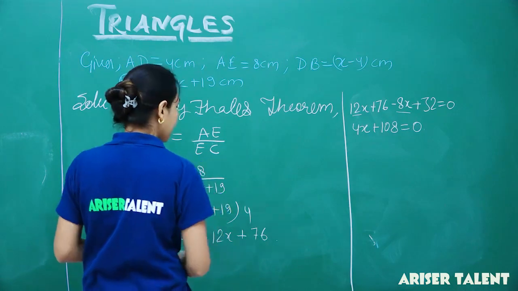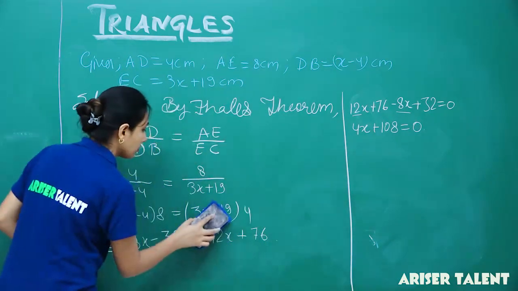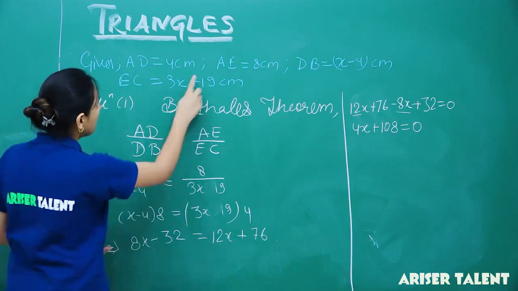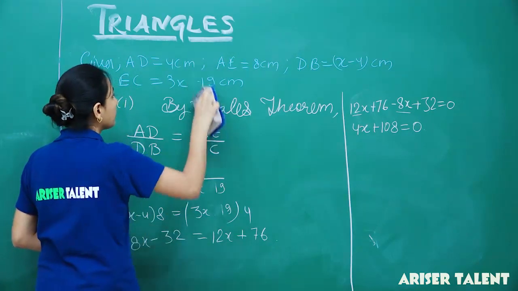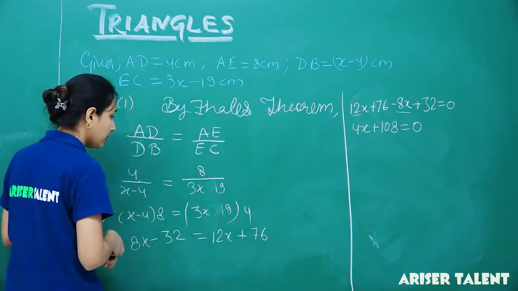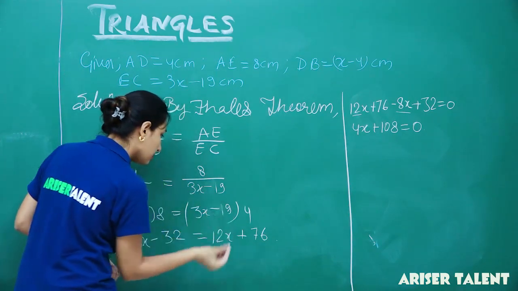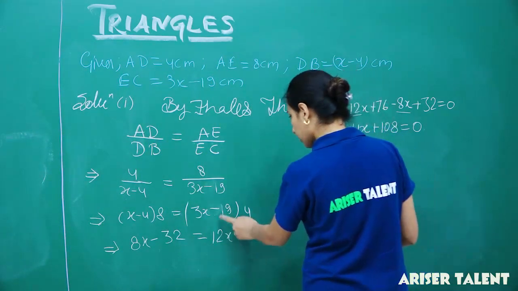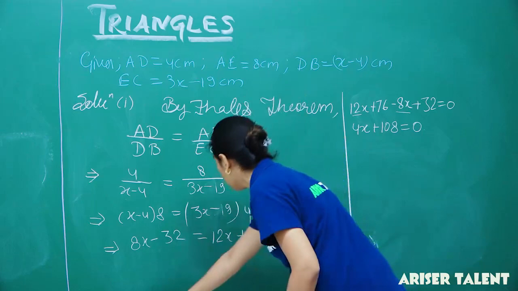X minus 19 here, minus 19, okay. So if it's minus, it will be minus, minus, and here that will be minus.